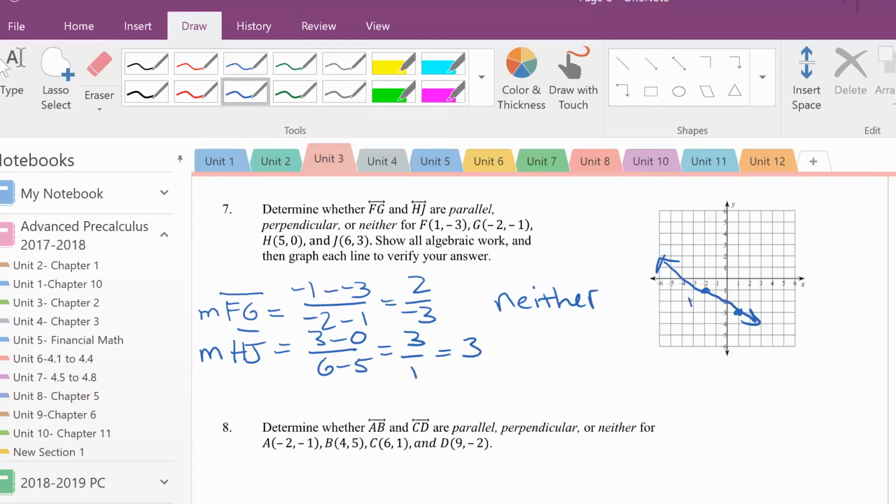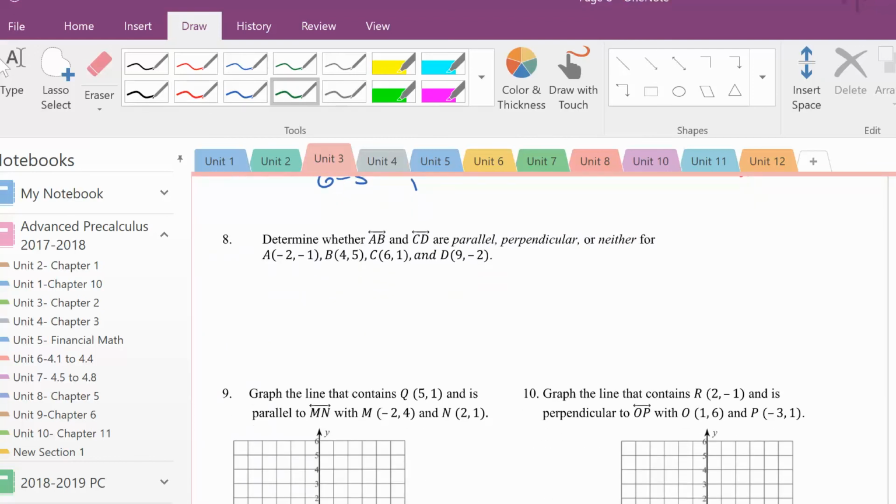And then this is G, and then F. And then if you go HJ, so 5, 0, different color, 5, 0 there. 6, 3 is up here. So notice it goes like that. So notice it's not perpendicular because they're not opposite reciprocals, and then they're not parallel because they intersect.